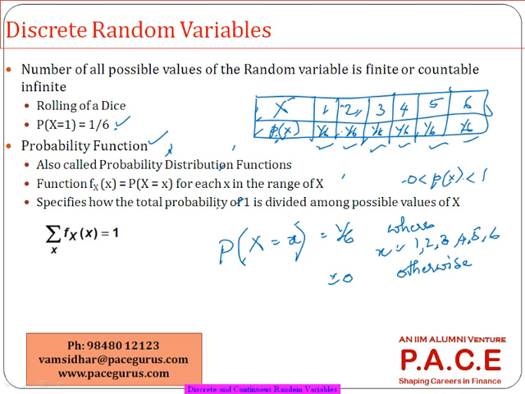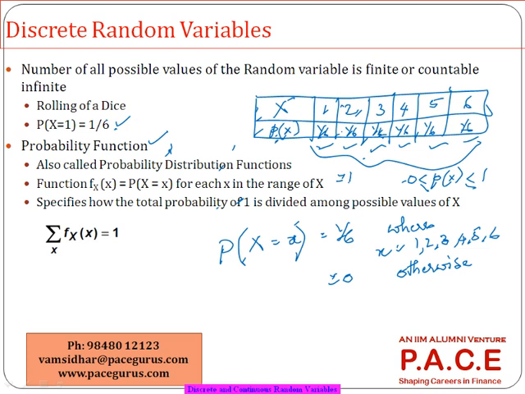The other important thing is the sum of all these probabilities should be equal to 1, because we are considering all possible outcomes and their corresponding probabilities. And of course, these outcomes should be mutually exclusive also. If one comes, two should not come.